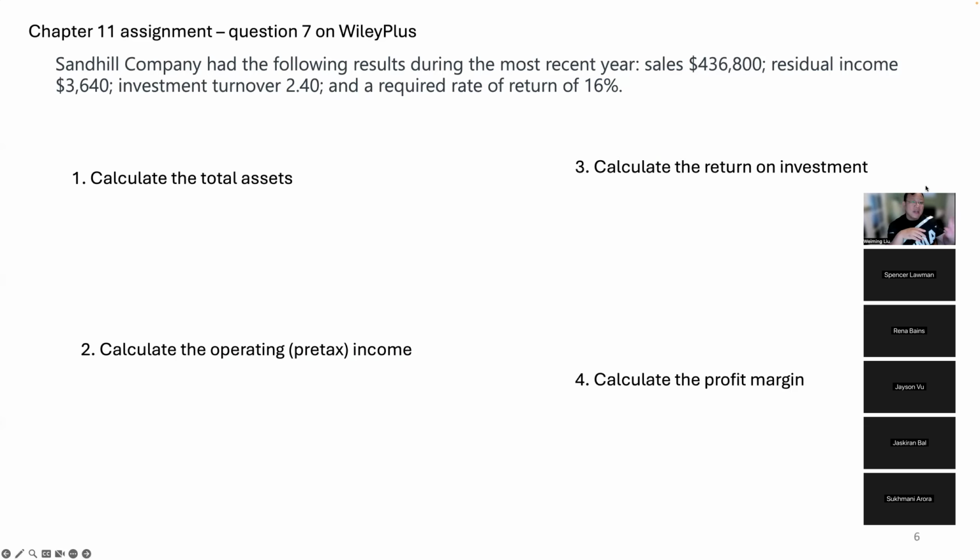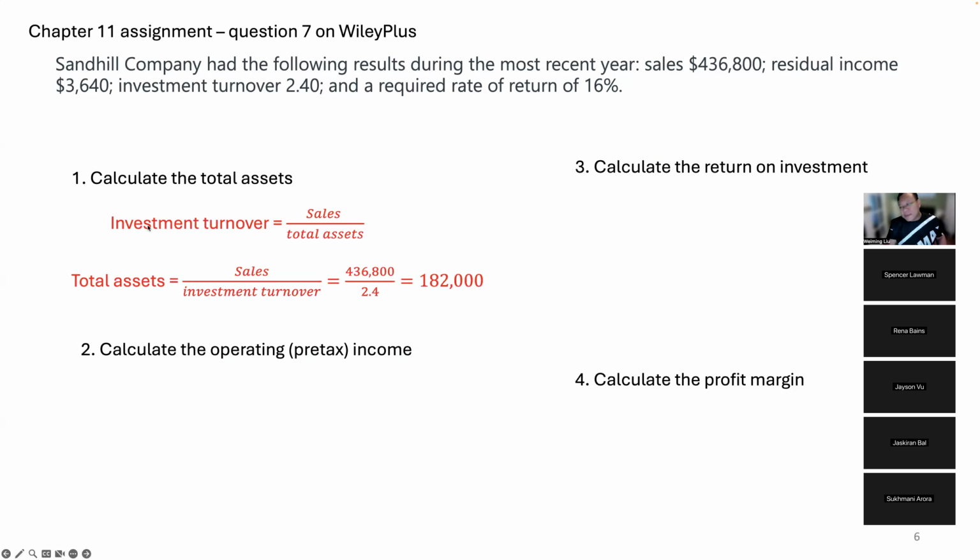You know sales, residual income, investment turnover, and the required rate of return. Right away, I can link total assets, sales, and investment turnover. By definition, investment turnover equals sales divided by total assets.